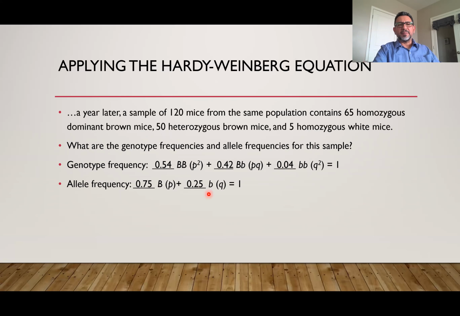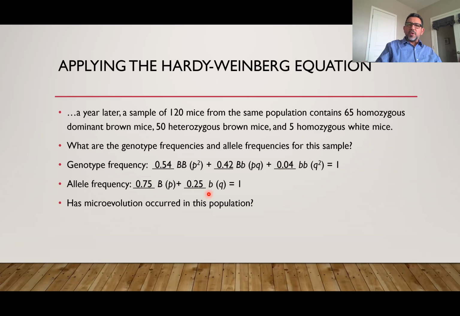And so now we can revisit the question we asked initially: has microevolution happened in this population? If you go back and look at the original allele frequency when you first surveyed these mice, for brown, the allele frequency was 0.7, and now it's 0.75. For white, it was 0.3, and now it's 0.25.